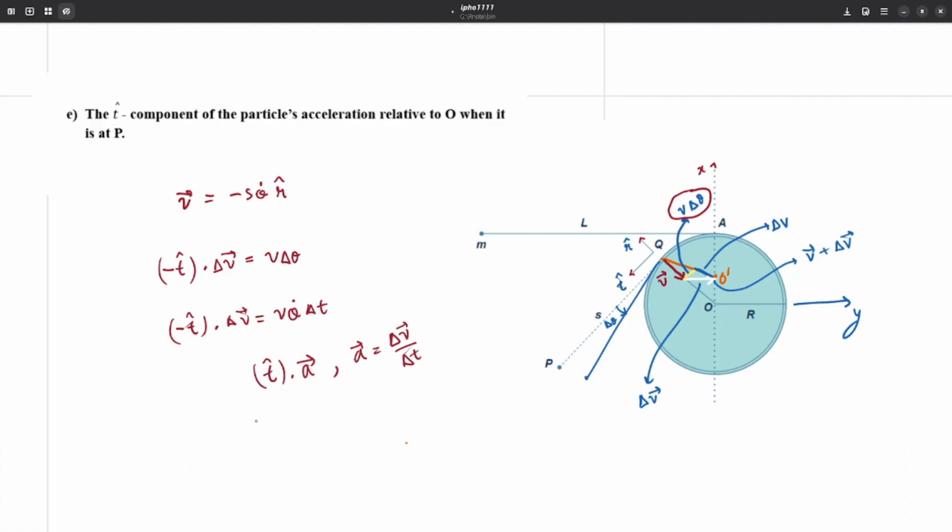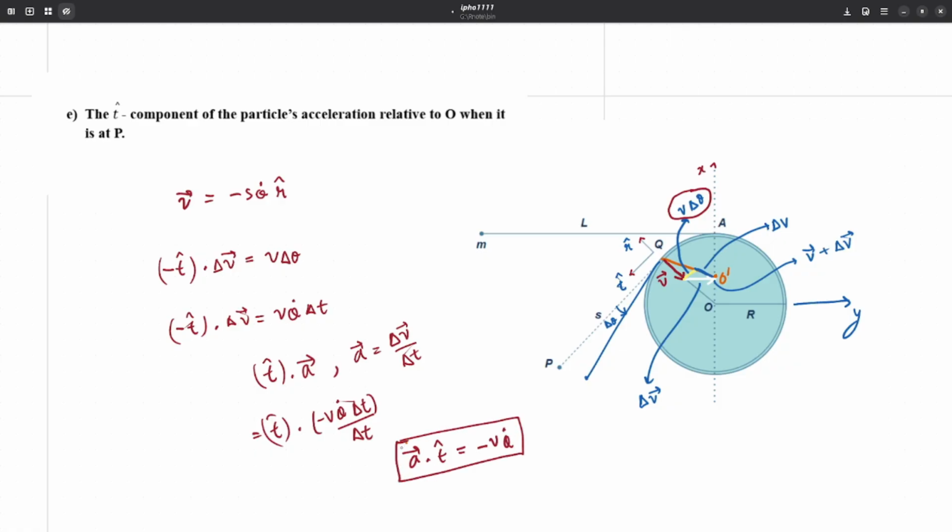Putting the value of delta v, which we just found, we get t cap dot minus v theta dot delta t by delta t. So we have A dot t cap to be minus v theta dot.